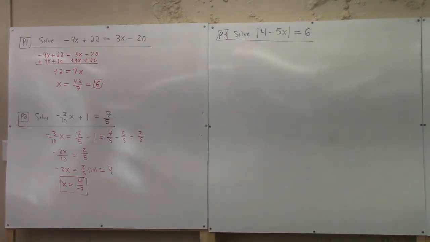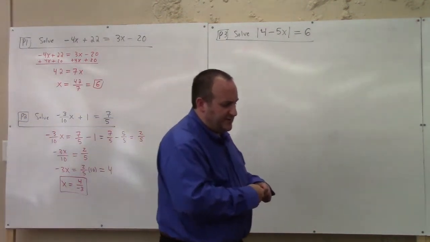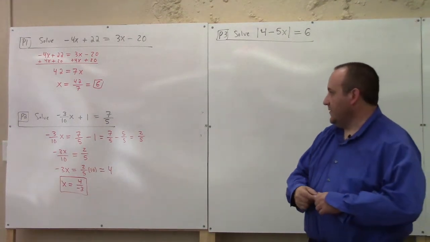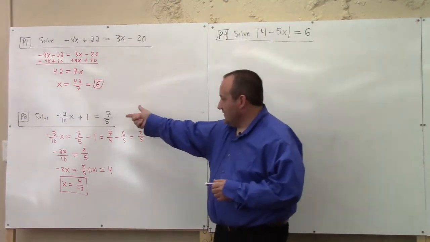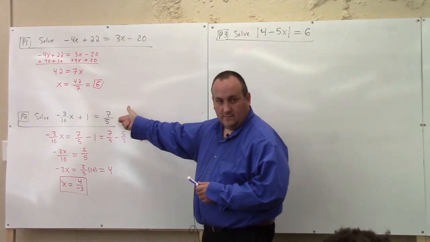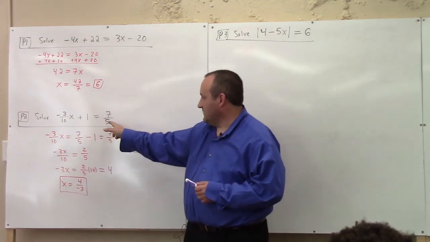So that's a fine way to solve this. Can you guys think of a lazier way? We had to work a lot with fractions that time, right? How could I have made this problem easier by getting rid of fractions at the start? If I had multiplied the original problem by 10, that would have been good, because 10 will clear out the tenths and fifths.